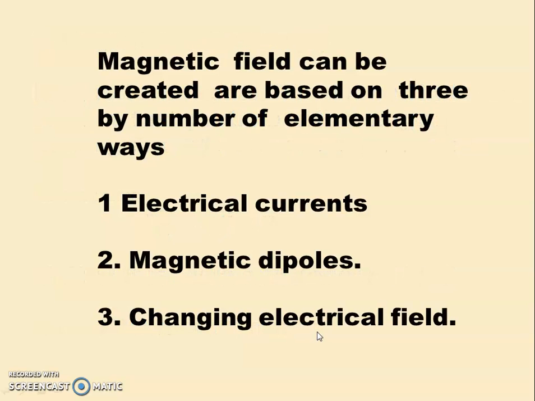Magnetic field can be created in three elementary ways: electrical currents, magnetic dipoles, and changing electric field. These three elementary ways are there.